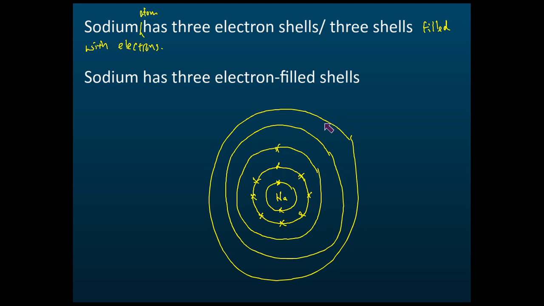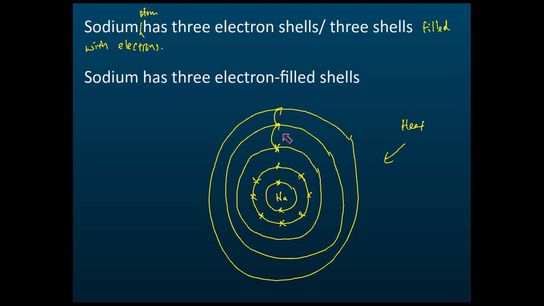So if you heat sodium, this electron may jump to the 4th shell and move inside the 4th shell, and if you heat it more, it will jump to the 5th shell. So this electron can jump to the outer shells.